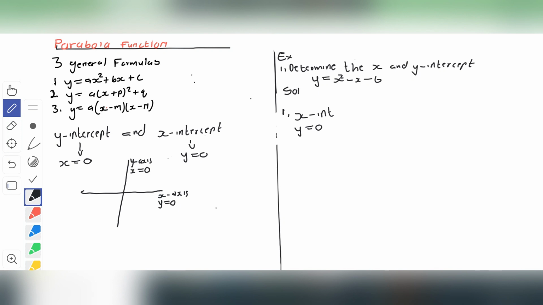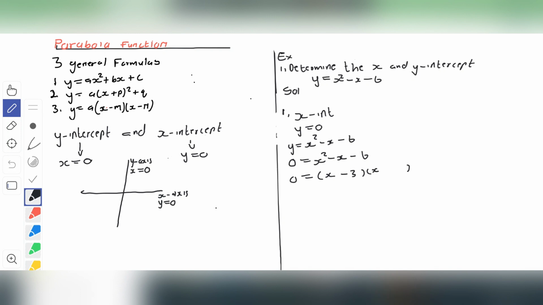Therefore now we're going to write our equation, which is x squared minus x minus 6. When we see y, we're going to replace it with 0. Therefore, we have 0 equals x squared minus x minus 6, right? Then we solve for x. You can use the quadratic formula if you're not sure about your factors.